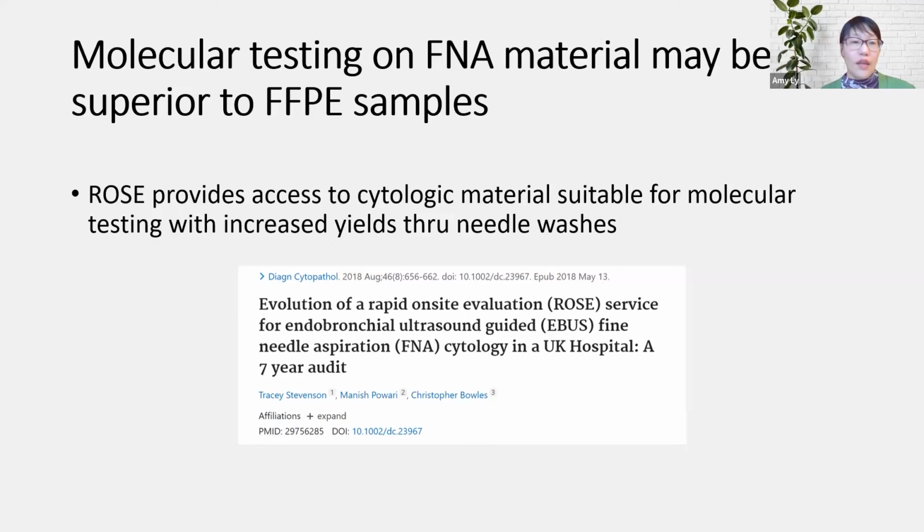And one of the ways that FNA supports this is when you perform ROSE, you can rinse your needle into a solution, a medium, and that preserves high quality nucleic acids for molecular testing. And this is something that would normally just not be morphologically reviewed. Material that is stuck in the needle shaft, you just don't ever see, but it turns out it is very useful for performing ancillary studies.